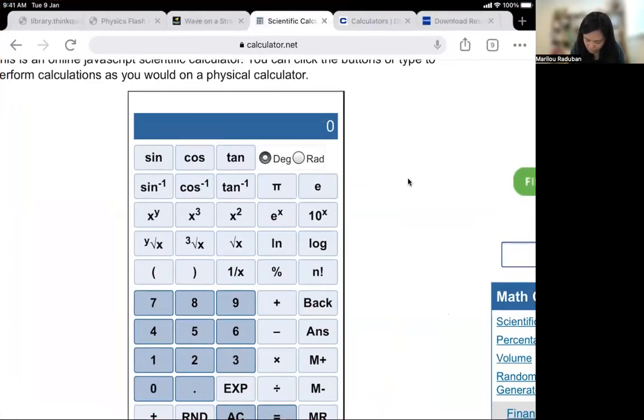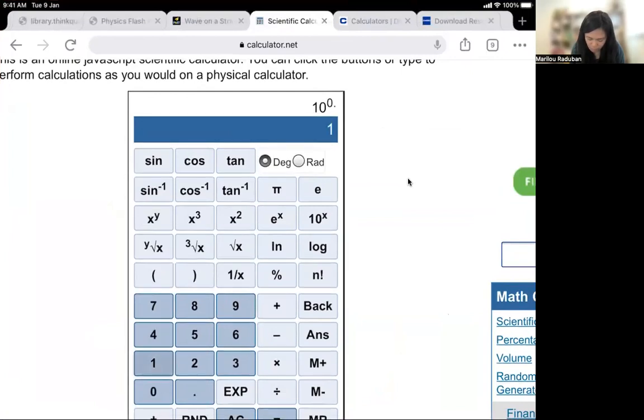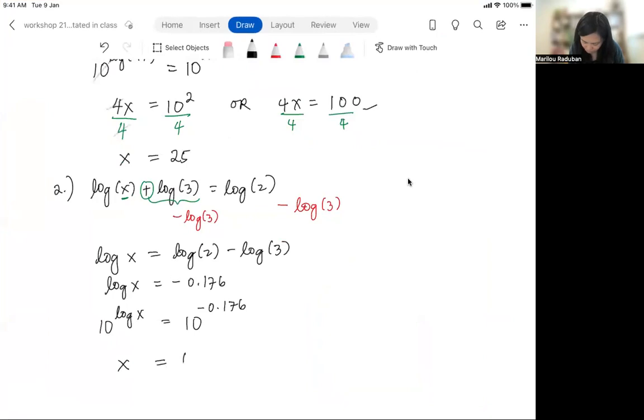So you can do this base 10, and you can do this x to the y in your calculator. So base 10 x to the y, and for the exponent you have negative 0.176, and that gives 0.667.